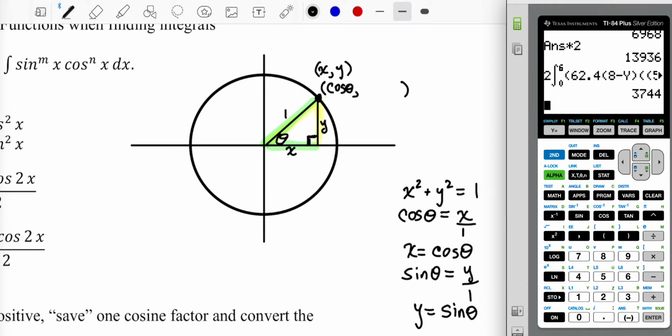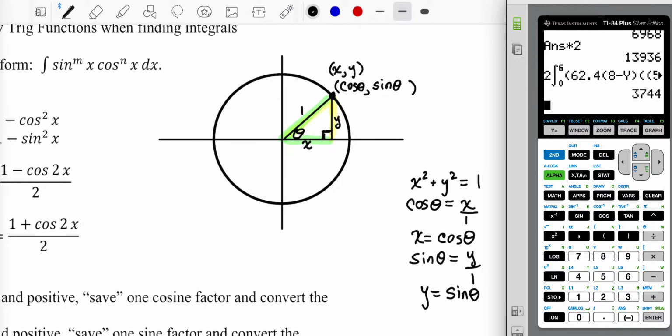And when you get to polar coordinates, you'll expand on this, because it isn't always the case that you have a radius of 1. Sometimes the radius is 2 or 10 or whatever. And so that'll impact the value of x and y. But for now, we're only working with the unit circle, and that tells us that y is equal to the sine of theta.